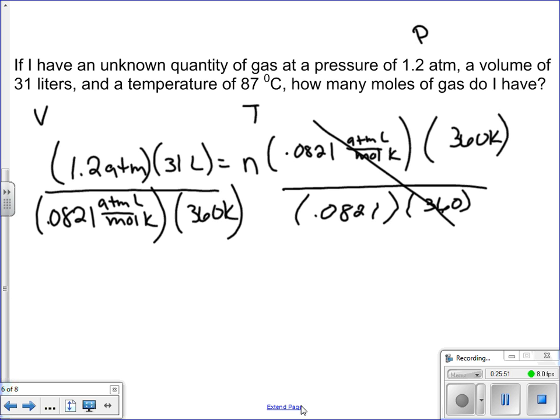All right, so atmospheres cancel, liters cancel, Kelvin cancels, and we're left with moles. So if you plug this into your calculator, N equals 1.3 moles. All right, so that's an example of how to solve 2 of every type of problem for Chapter 11. If you have any questions, please come see me.